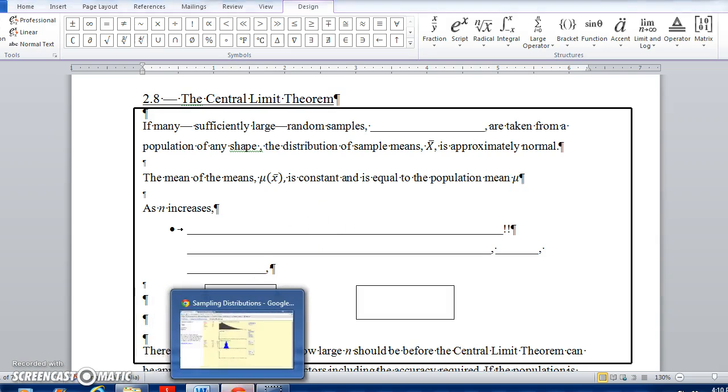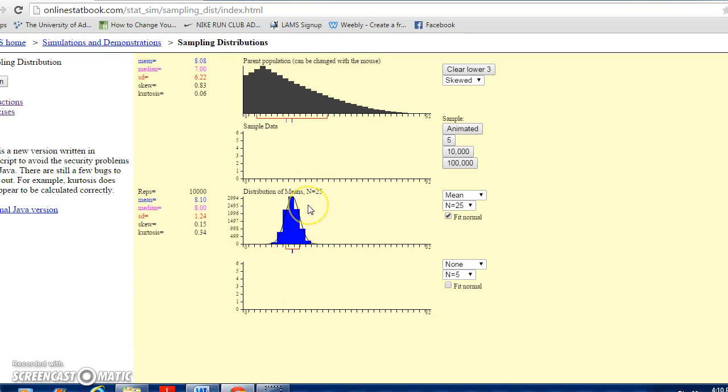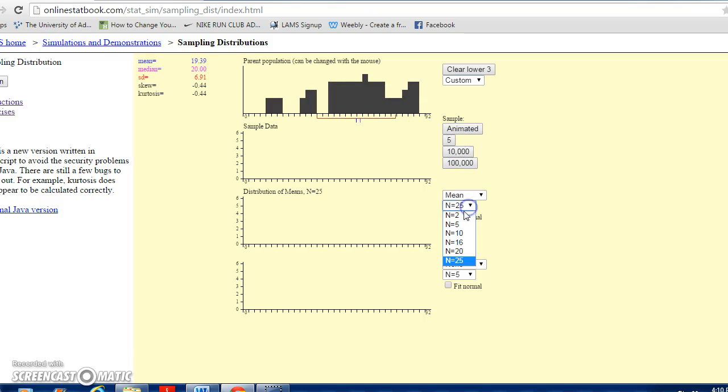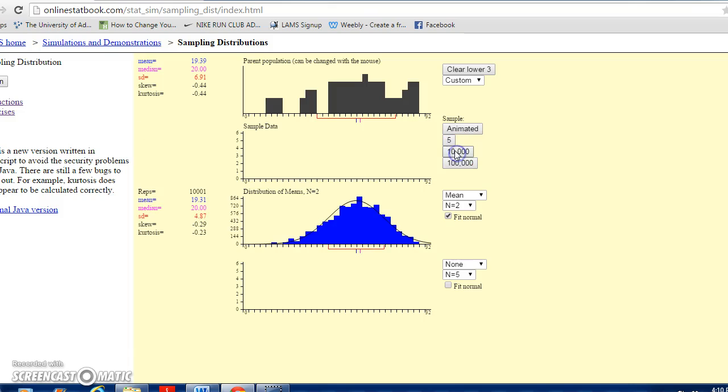Now, going back to this simulation we've got here, we should notice if we take some custom distribution, it doesn't really matter what, then if I take sample sizes of 2, so that's where we're taking 2 measurements, finding the mean, and then I get my distribution, you should notice that the spread of this histogram is quite large.